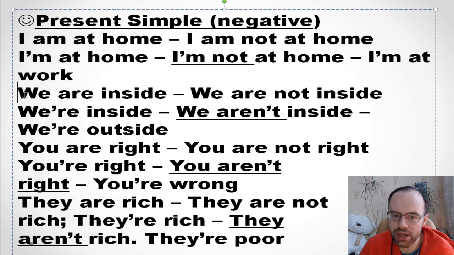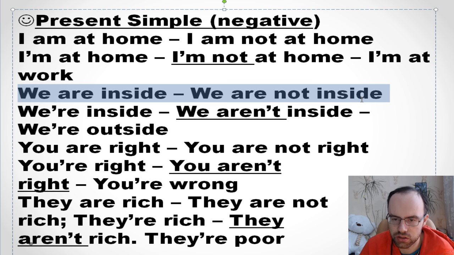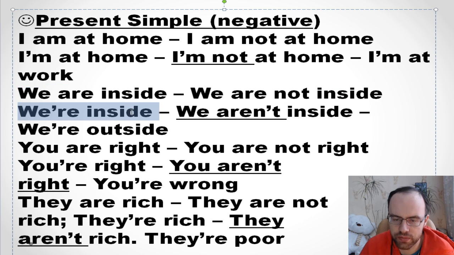We say we are, it's a full form, or we are not. We are inside, or we are not inside. We are inside, it's a short form, and it can be a short form in negative. So we aren't inside. We are outside.